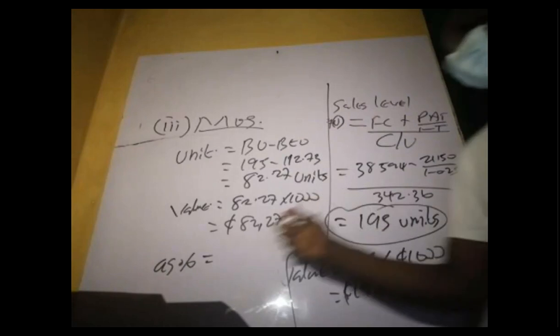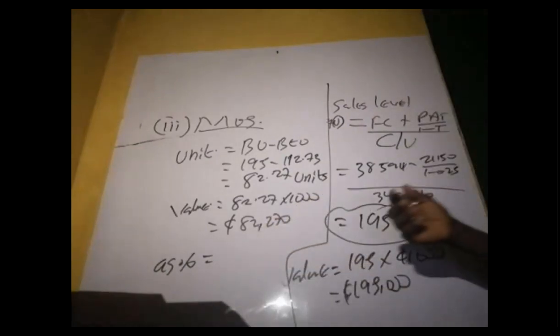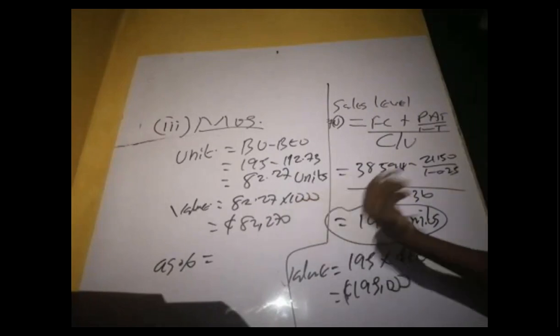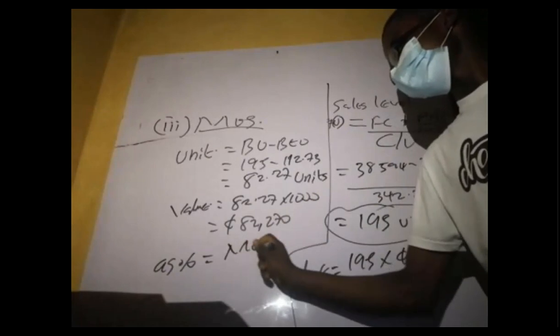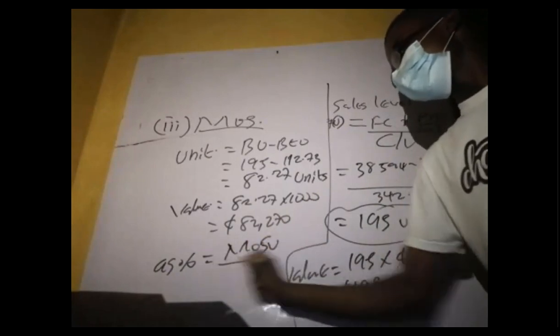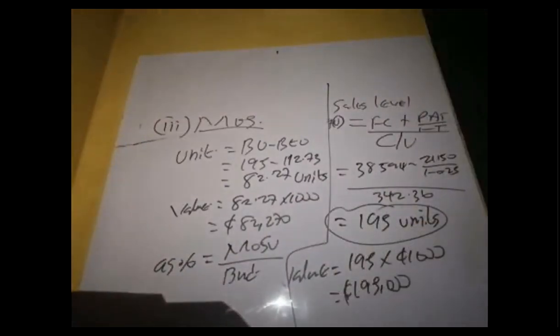So that's that. Okay, so as a percentage, I'll apply the shortcut. Just pick the margin of safety in terms of units, all divided by the budget. That's all.